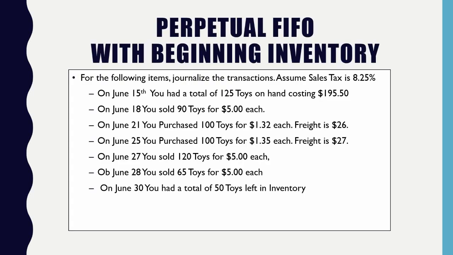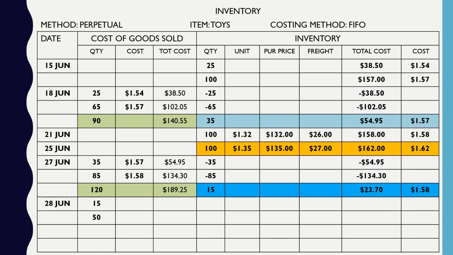Last but not least, on June 28, you end up selling an additional 65 toys for $5 each. So in this case, I have left my blue and my orange. Blue is going to be eliminated automatically because that's what I have left, right? I know what my blue batch is. It's $23.60, and I'm going to get rid of all of it. So I'm going to subtract that whole thing out.